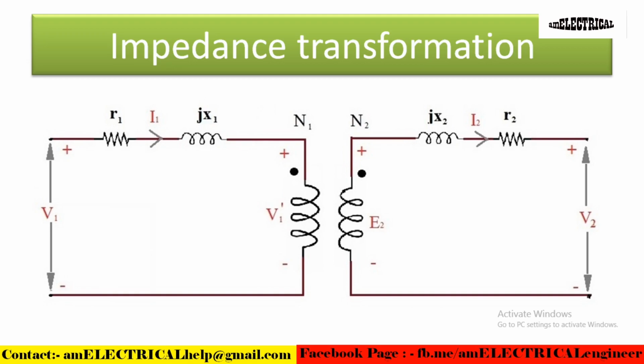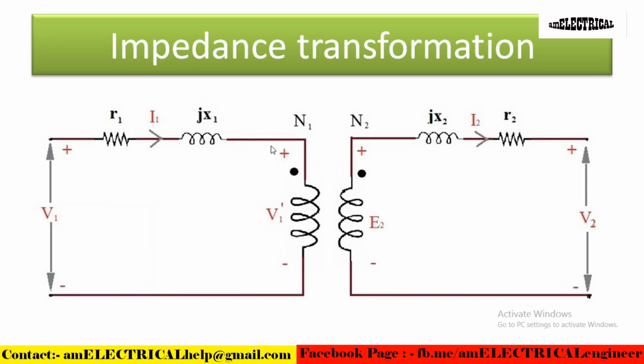Similarly, I2 dash will be the referred current to the primary side. This reflected resistance R2 dash should produce the same effect in the primary as R2 produces in the secondary. That means simply we can say R2 in the secondary and R2 dash in the primary both have the same effect.